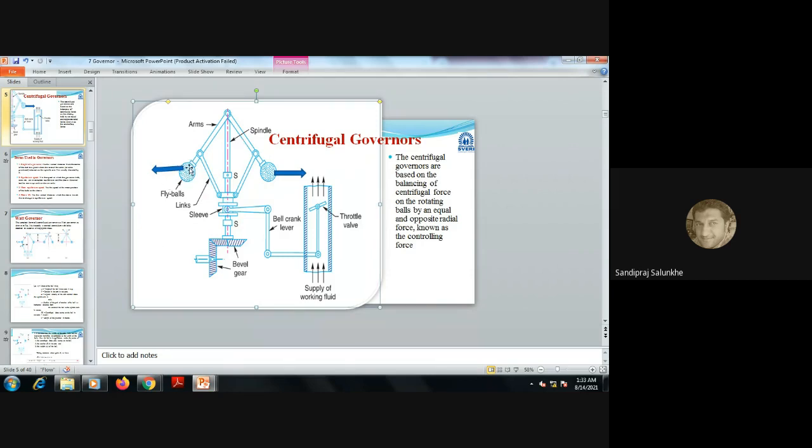एम काय? मास ऑफ दिस फ्लाय बॉल, अँड आर रेडियस फ्रॉम द सेंटर ऑफ दिस शाफ्ट, m r omega square. Omega square is nothing but the speed by means of which the shaft is rotating. Angular velocity of this shaft square, m r omega square.